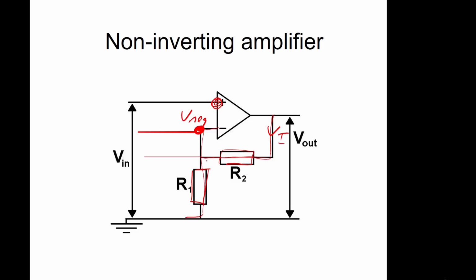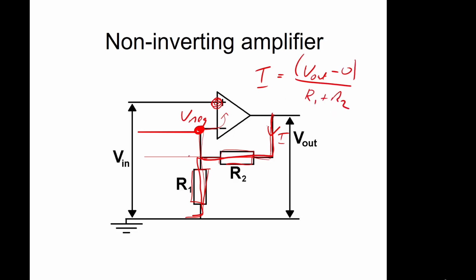We've said no current flows through the op-amp, so that's golden rule 2, so all the current flows from here through to ground. So our current is given by the voltage difference, V out minus 0, which is ground, over our resistance, R1 plus R2.